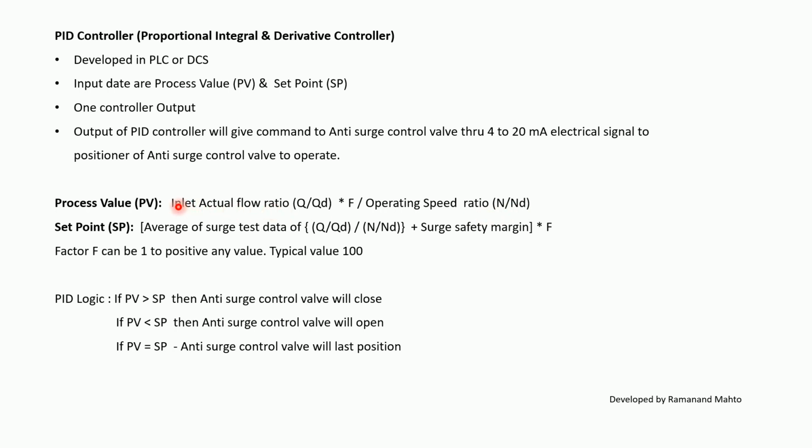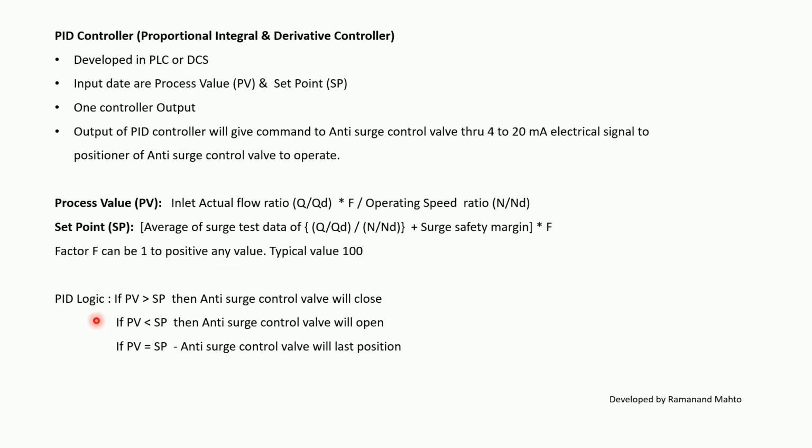This is again the operating inlet actual flow ratio Q by QD into F upon operating speed ratio N by ND. Set point is the average of surge test data of Q by QD upon N by ND plus surge safety margin, in brackets, into factor F. Factor F can be 1 to positive, any number.